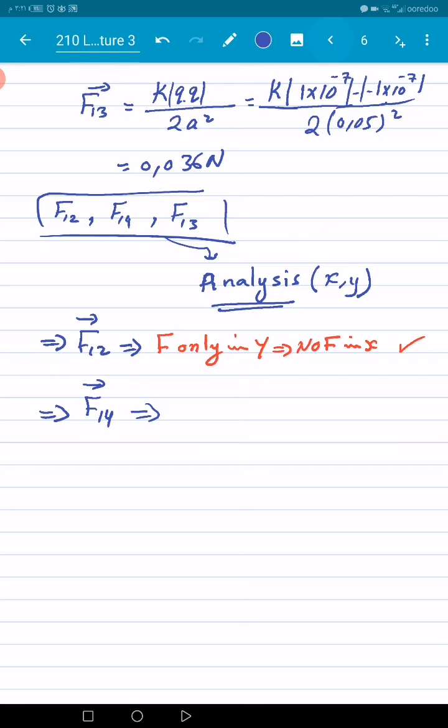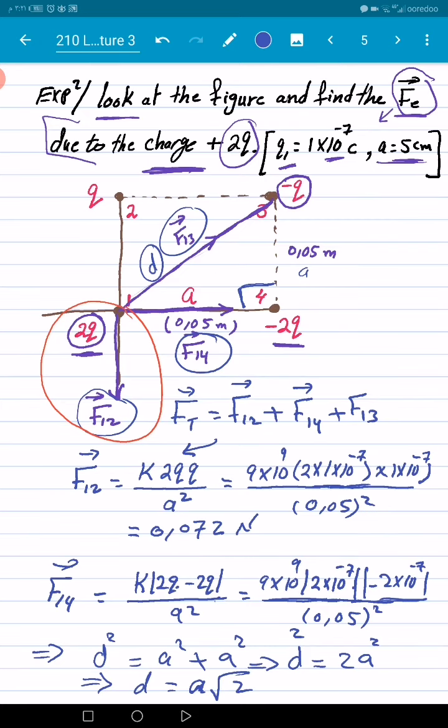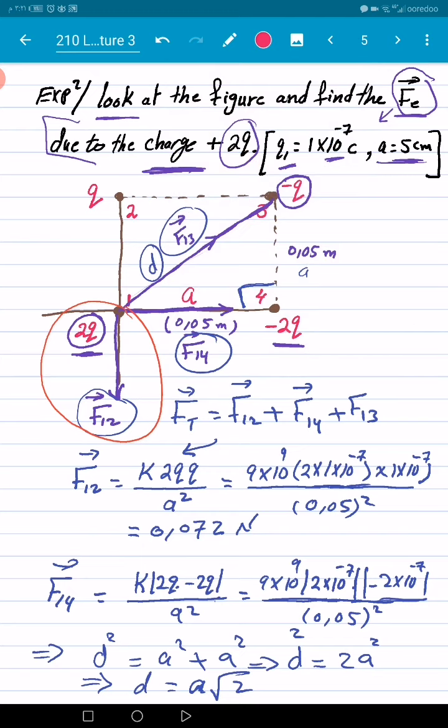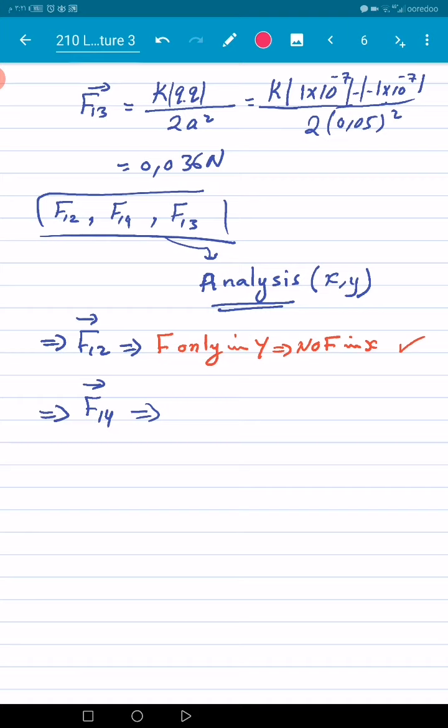If I check it again, 1, 4. So if you check this one, F14 only in x, not in y. So F only in x. So there is no force in y. So good now.